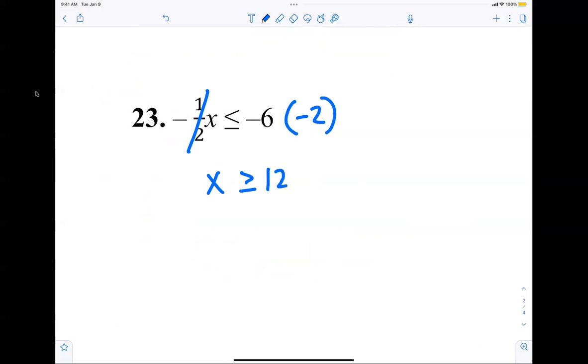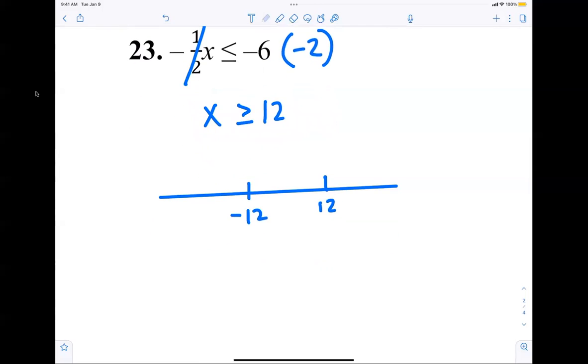Notice here, we multiply by a negative, so we change the sign. All right, so now how am I graphing? You do +12 and -12. Yep, and on +12, you have a closed circle going to the right. Good work.